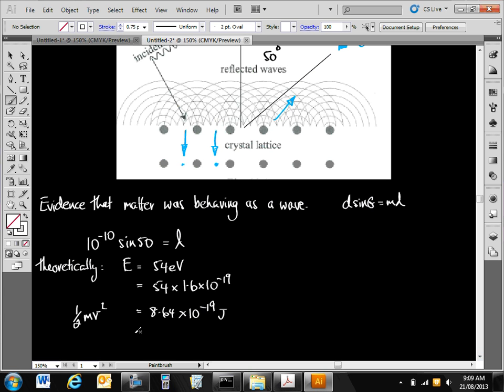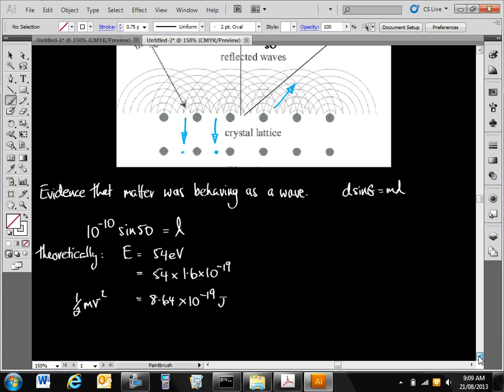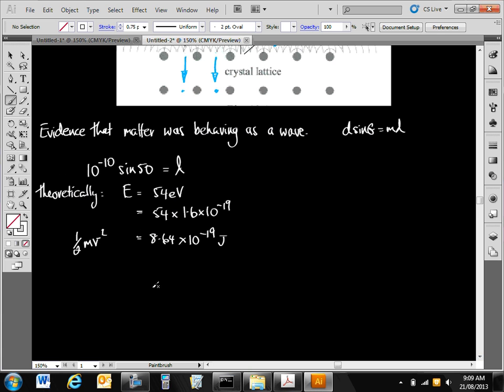From this, we can go and find v. v is equal to the square root of 2 times 8.64 by 10 to the minus 19 joules over m, and m for an electron is 9.11 by 10 to the minus 31 kilograms.